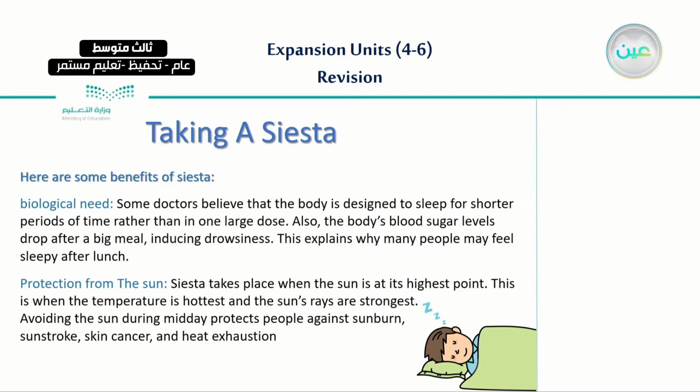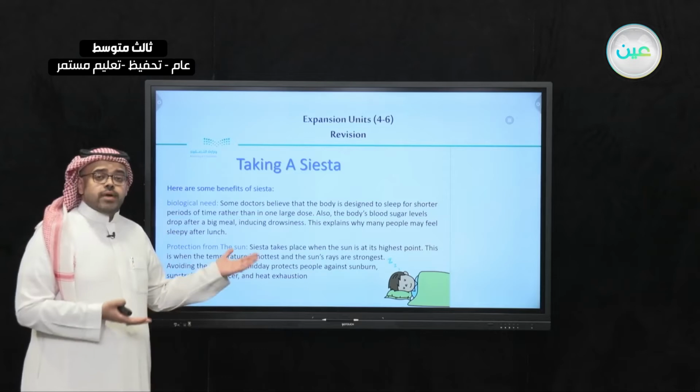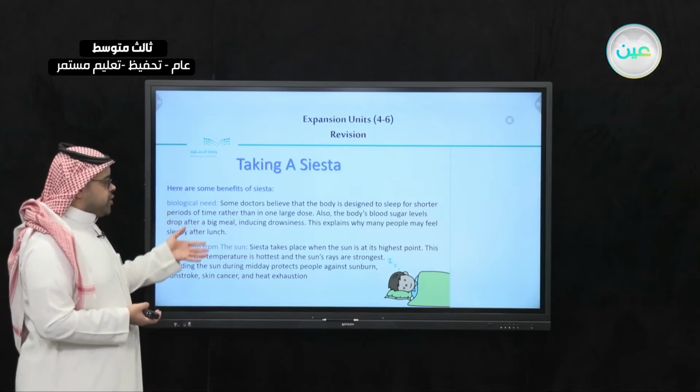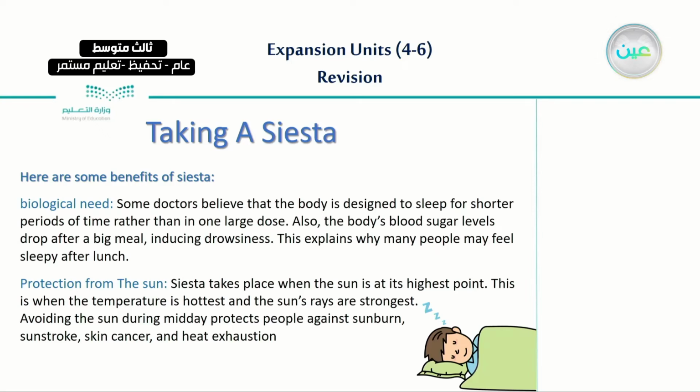And also the third part, we talked about the benefits of siesta, and why it is important, and we listed many reasons or benefits of it. For example, for biological need, we talked about how some doctors told us that the body is designed for shorter periods of sleep and rest as well.